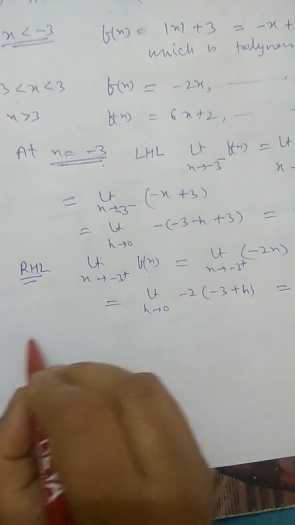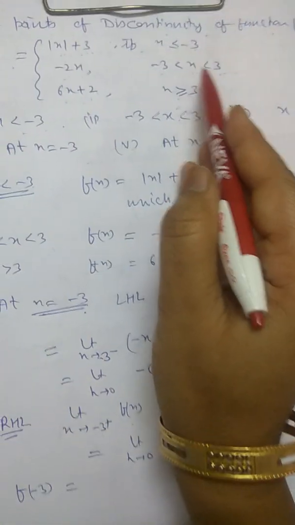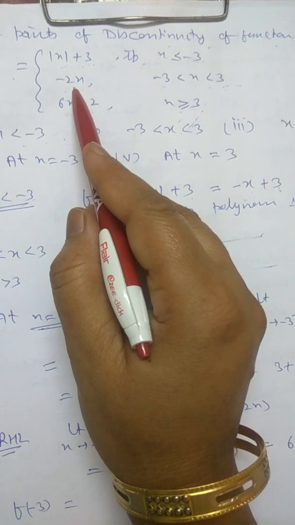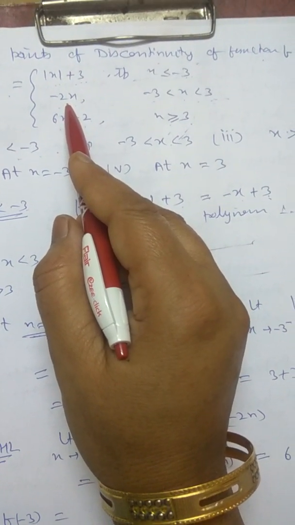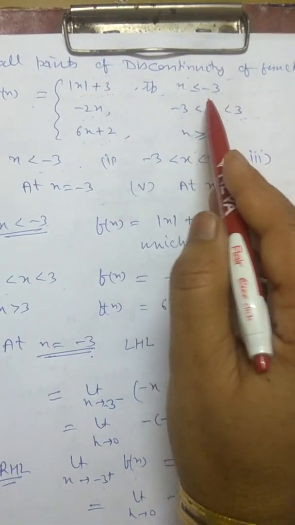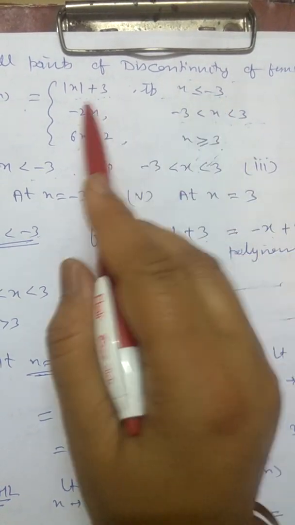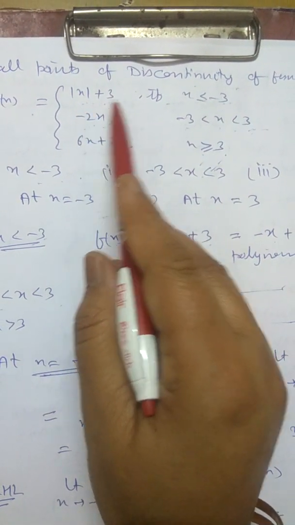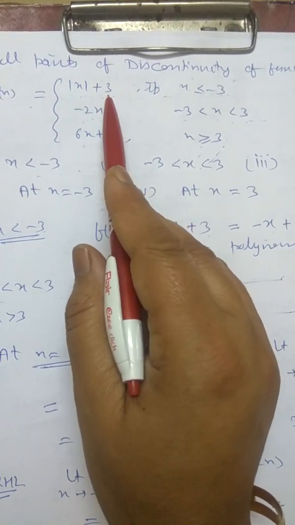And now value of the function f(minus 3). For f(minus 3), the function is minus 2x? Is the equality sign there in between minus 3? No. Equality sign is there for x less than or equal to minus 3. The function is mod of x plus 3, and therefore substitute the value minus 3 here.